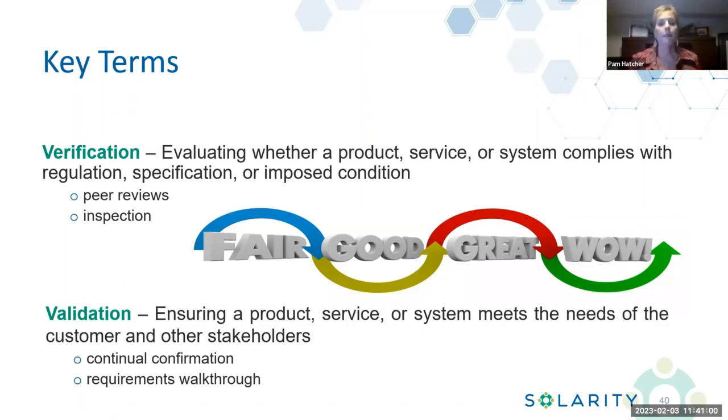Think of it that way. Validation is more external. So verification is evaluating whether a product, service, or system complies with specifications, regulations, imposed conditions, anything to do with what's going to occur before or after something is changed.